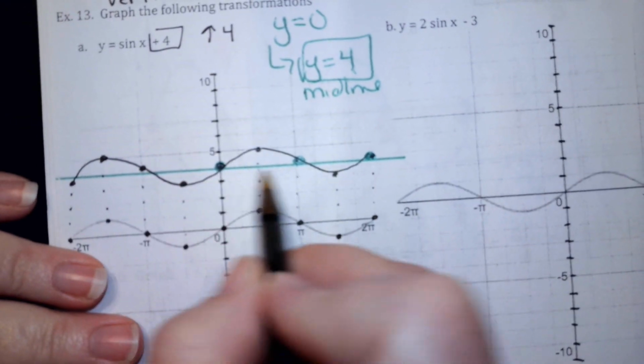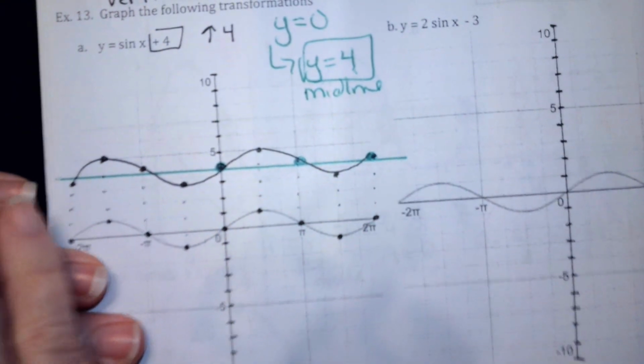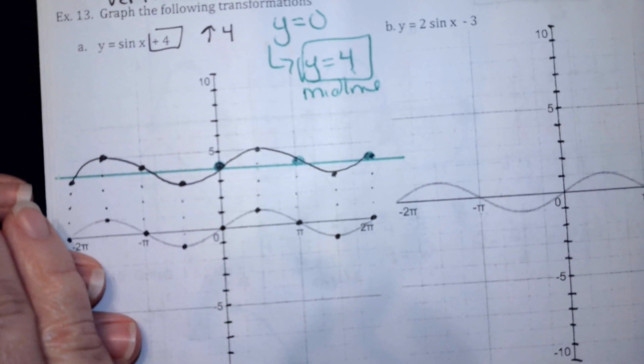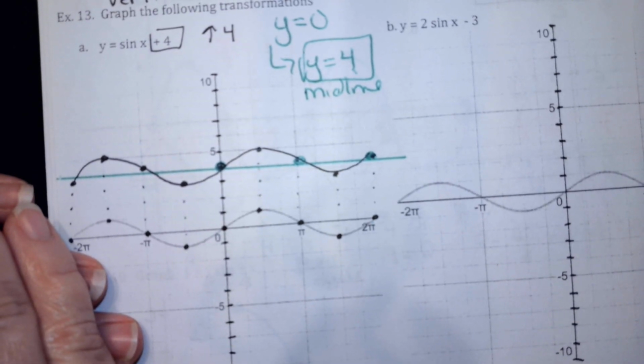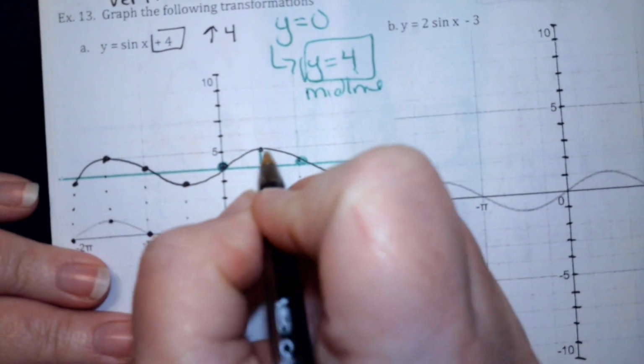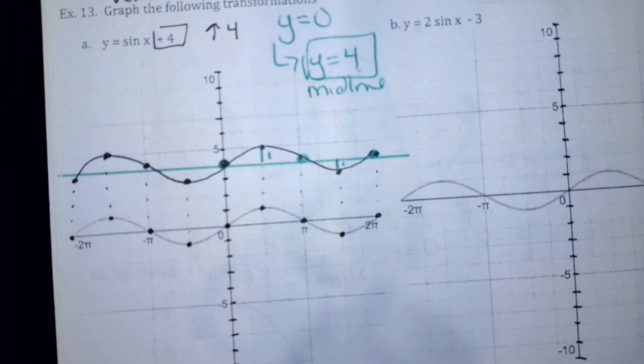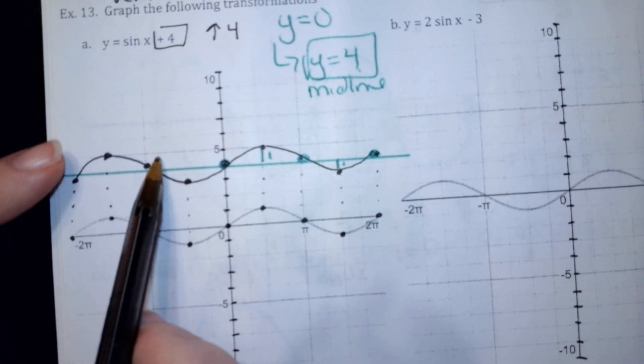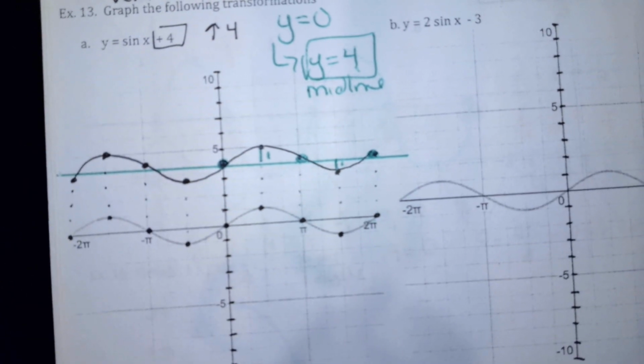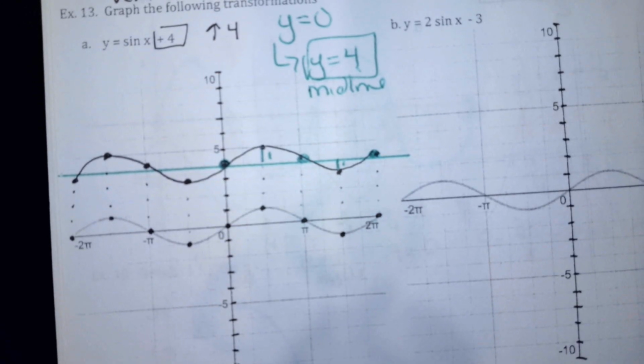Obviously I drew my midline a little slanted, but we can get the gist there. This still has a height of 1 here, and this should be a height of 1, but I got a little off there. So again, you can do the counting method as long as there's no other changes other than moving it up or moving it down. But the midline method is the best.